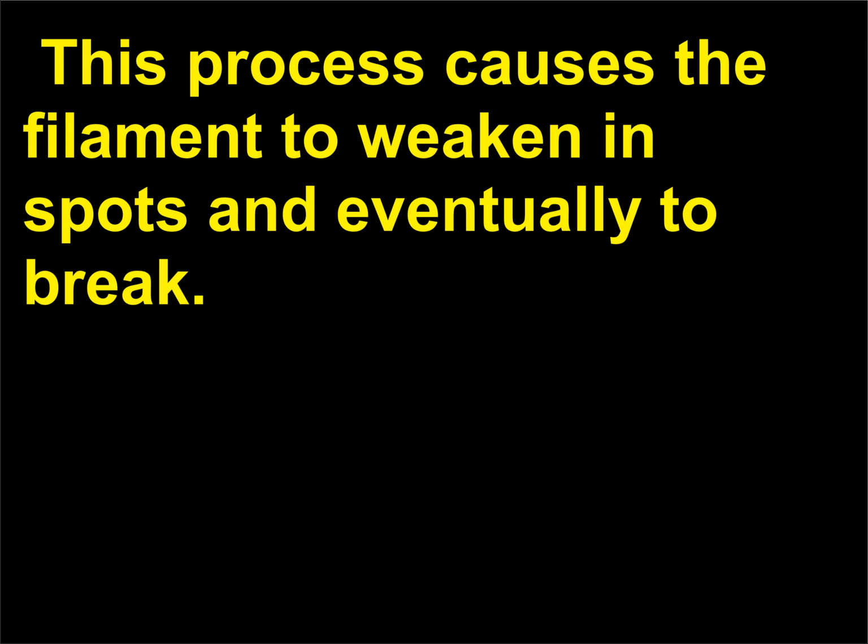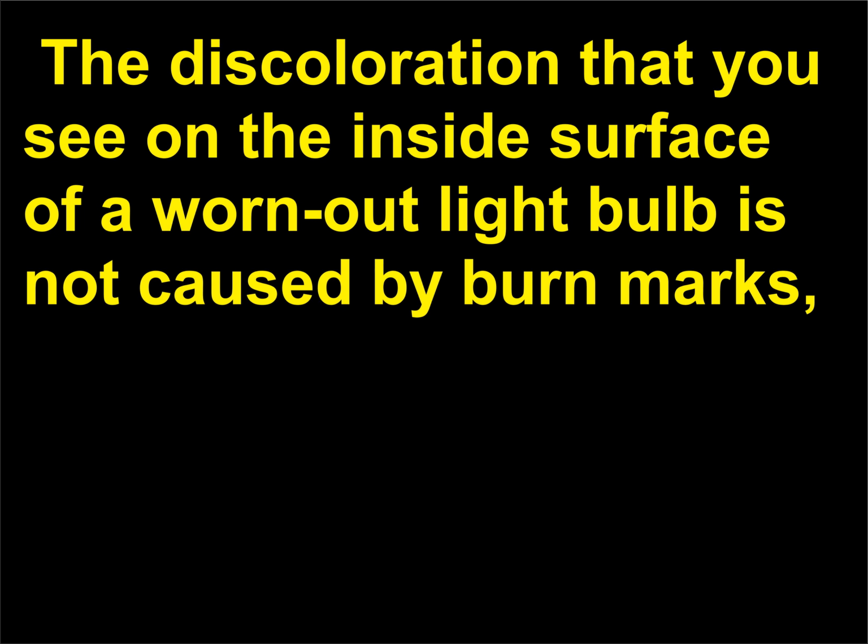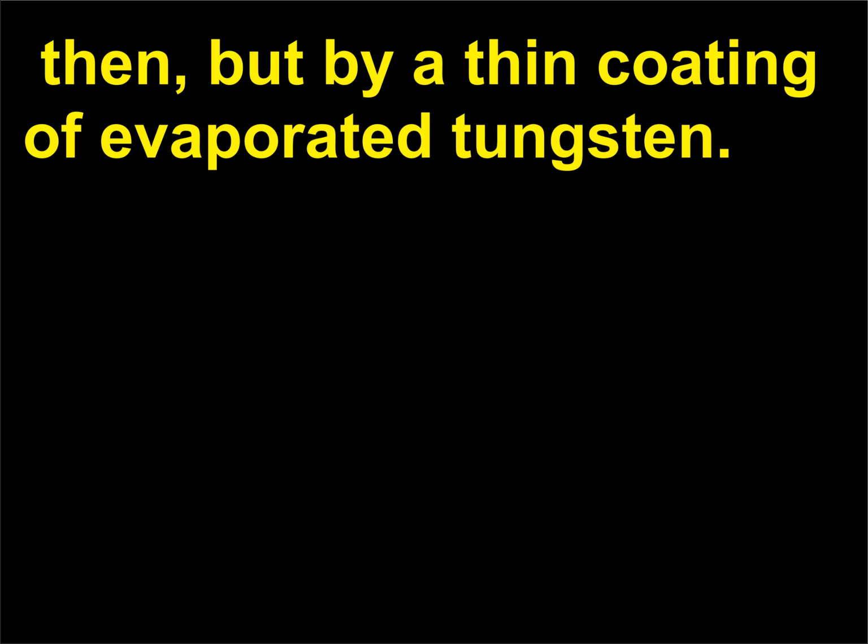This process causes the filament to weaken in spots and eventually to break. The discoloration that you see on the inside surface of a worn-out light bulb is not caused by burn marks, but by a thin coating of evaporated tungsten.